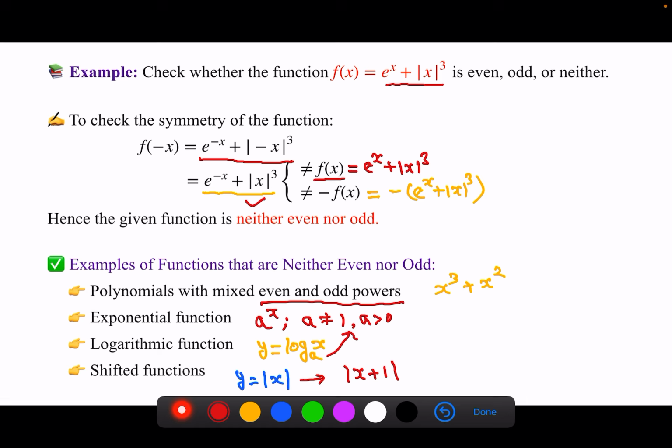So now this function is neither even nor odd, because shifting breaks the symmetry. That's why shifted functions are neither even nor odd.